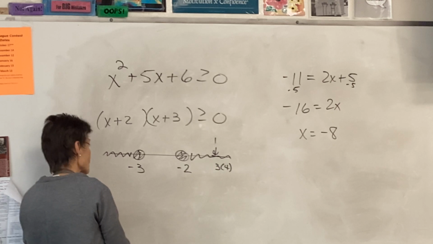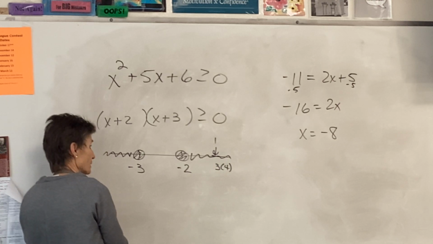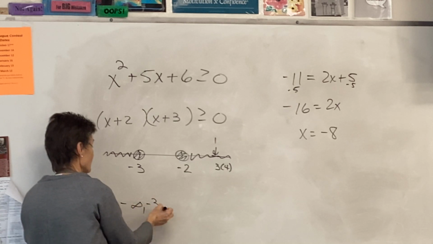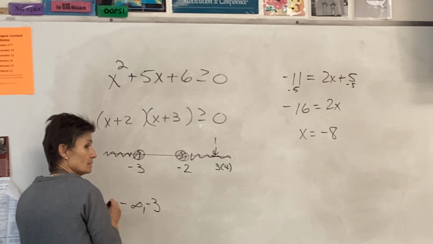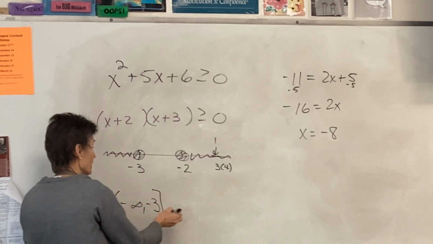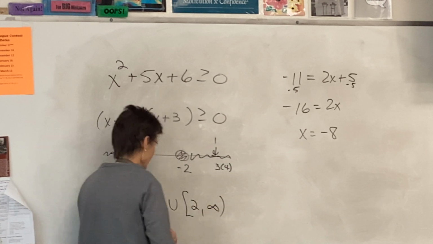So my answer that goes in the answer blank is not the number line. The answer that goes in the answer blank is negative infinity, negative 3, parentheses, bracket, or union to infinity.